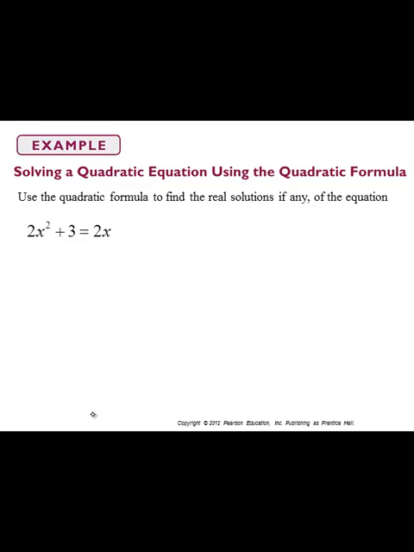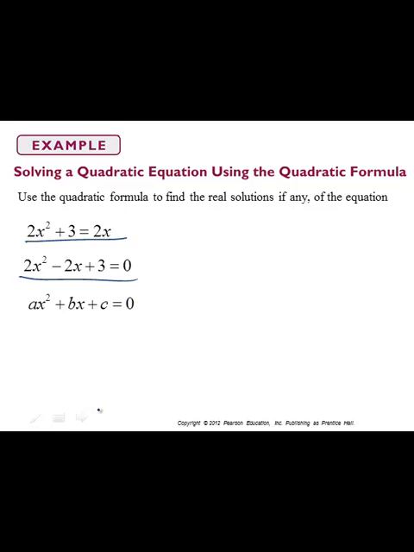Okay, moving along here. Here's our next example here. 2x squared plus 3 is equal to 2x. Subtract the 2x over to the left-hand side. All right, and notice that, of course, we have our terms in descending order for their powers. a is 2, b is negative 2, c is 3.